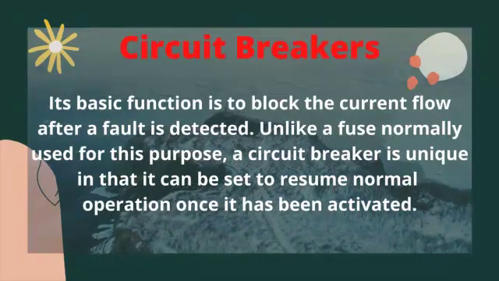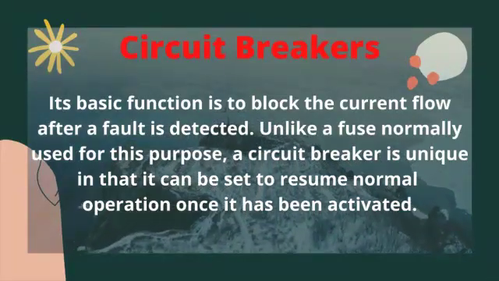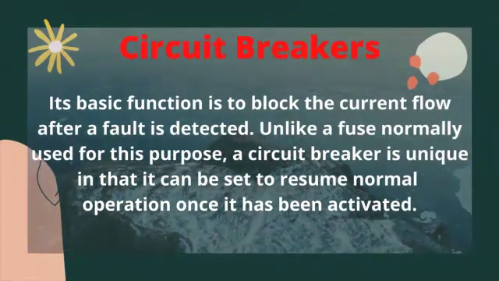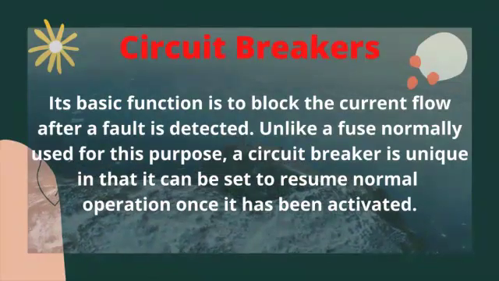Its basic function is to block the current flow after a fault is detected. Unlike a fuse normally used for this purpose, a circuit breaker is unique in that it can be set to resume normal operation once it has been activated.